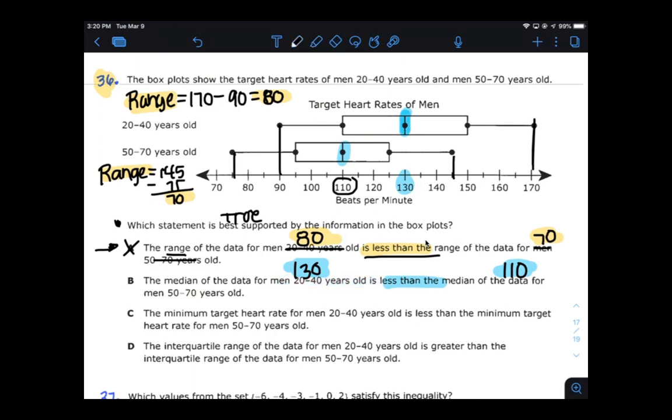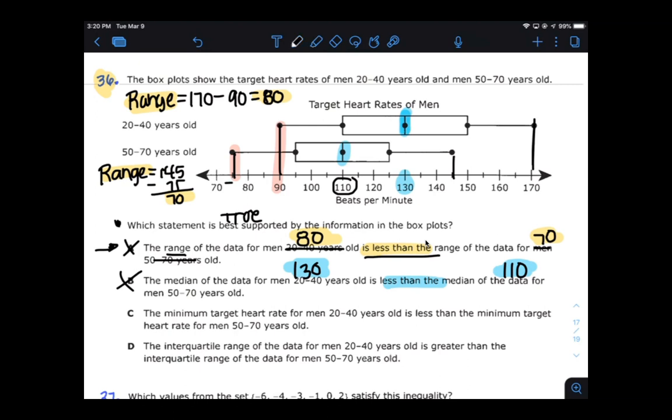No, of course not. Then it says the minimum target heart rate for 20 to 40 year old men is less than the minimum. We're going to look at the minimum value here, right? So I have the minimum value for 20 to 40 and the minimum value for 50 to 70.